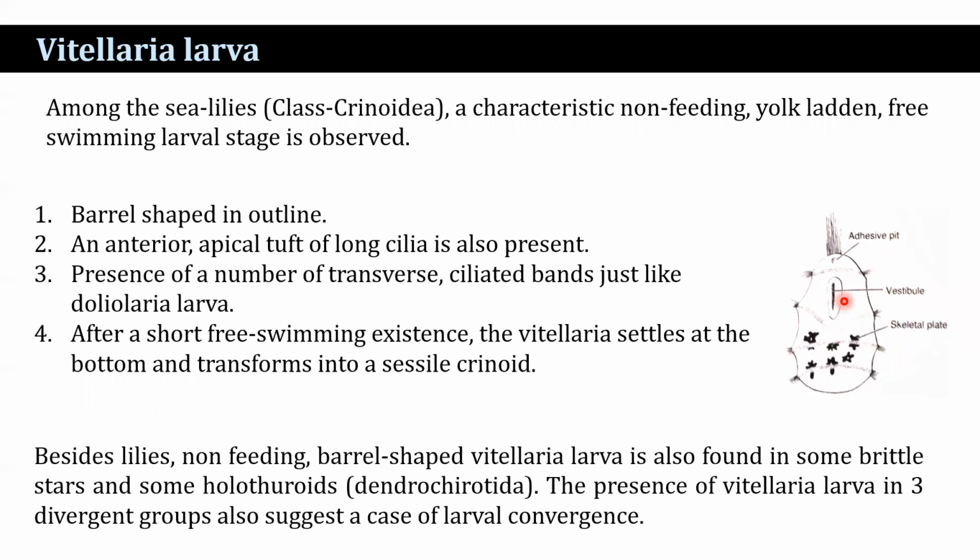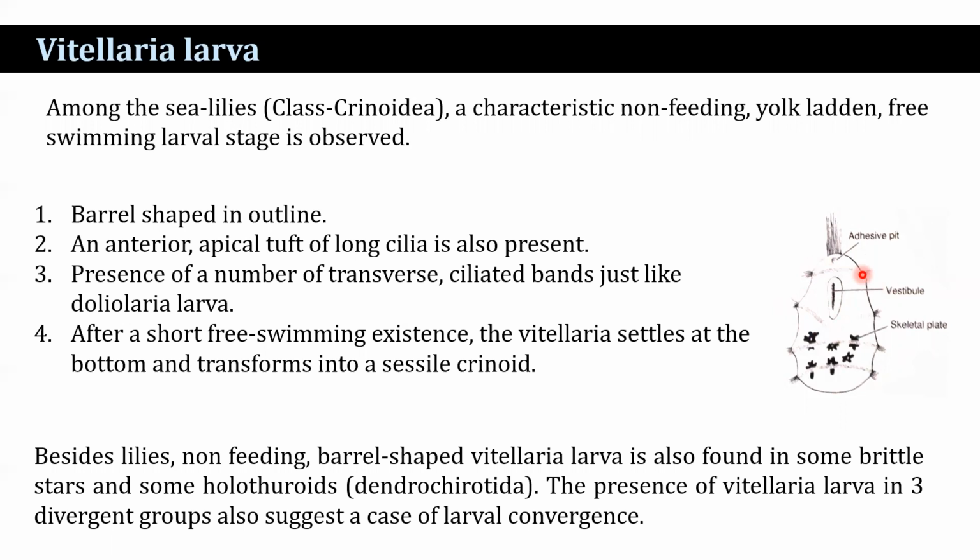A characteristic non-feeding, yolk-laden, free-swimming larval stage is observed. The body is barrel-shaped in outline. An apical tuft of long cilia is also present, along with a number of transverse ciliated bands, just like the Doliolaria larva.